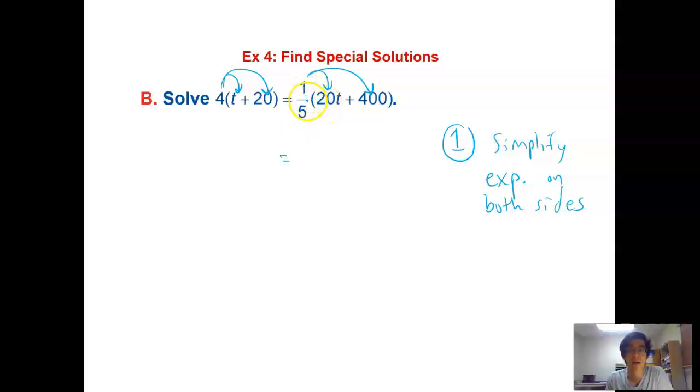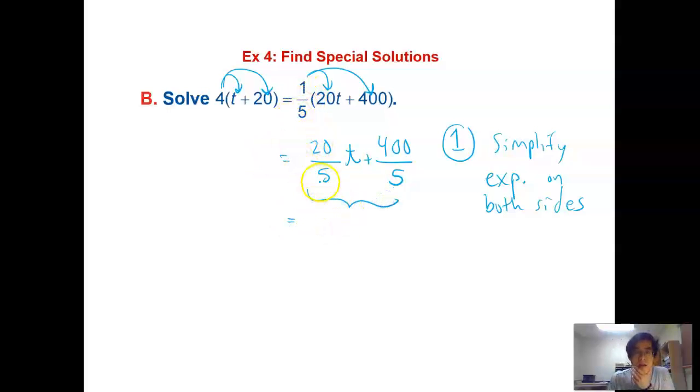So what is 20, right, going to do? It's going to be 20 over 5t, like that. And then add 400 over 5, like that. Okay, when I multiply by that 1/5. Alright, let's continue to simplify that. So 20 divided by 5 is going to give me 4t.